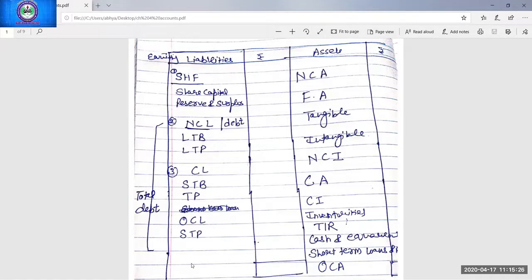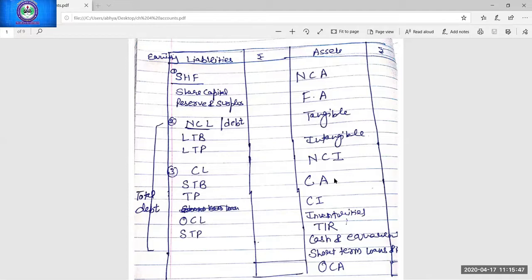Now from the ratios point of view, in non-current liability only 2 things will be included. Which 2 things? Long-term borrowings and long-term provisions. So this is non-current liability.